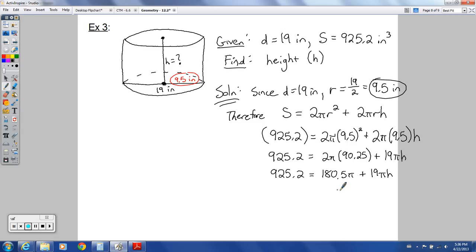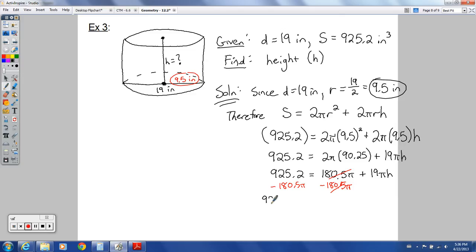So from this point I would want to subtract, I'm trying to get h by itself. Remember, pi is just a constant value, it's 3.14159265 and so on. So that times that 3.14-ish can be subtracted from both sides. So again, I'm trying to leave this as an exact value as long as I can.